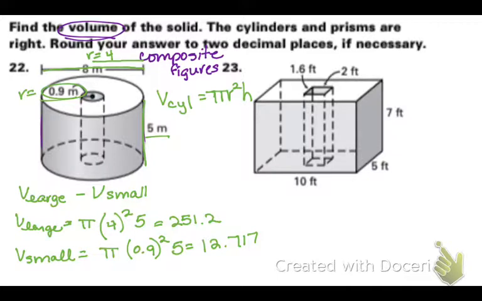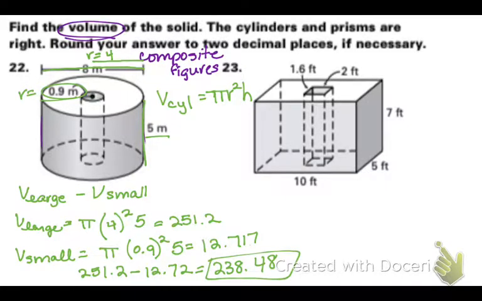So V large minus V small is 251.2 minus 12.72. I rounded this. Okay, and that is equal to 238.48. Done. There's your answer. Okay. So the tricky parts here are remembering to subtract and remembering how to find your volume. So it's really not that difficult, even though it is definitely complex.